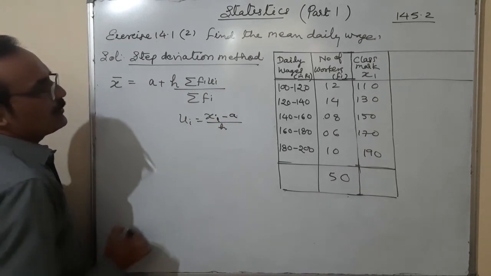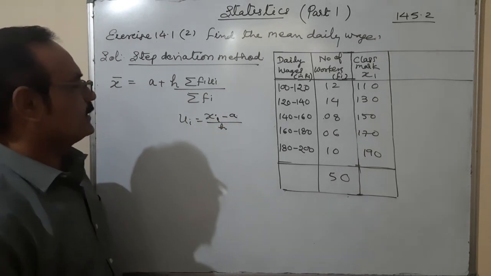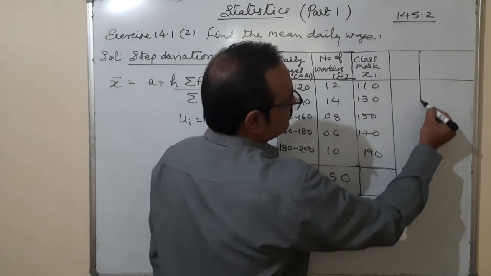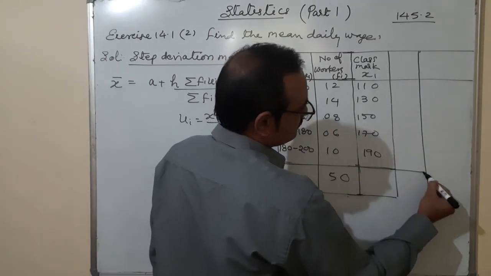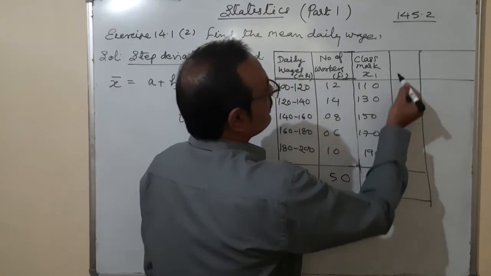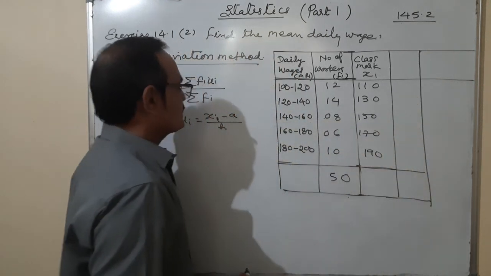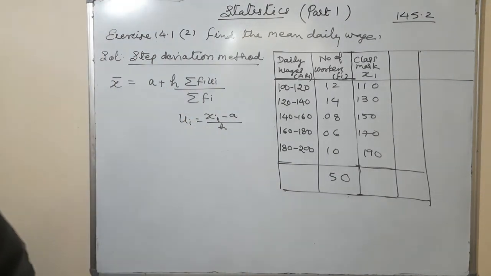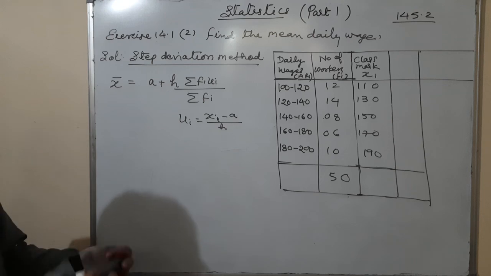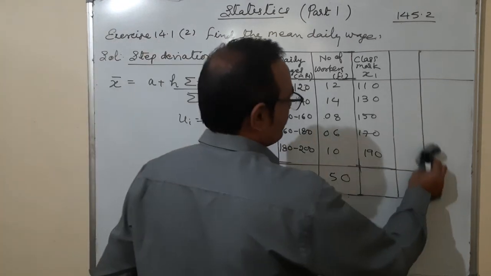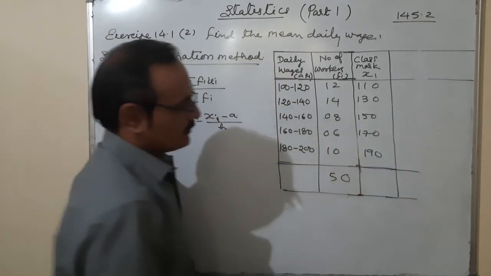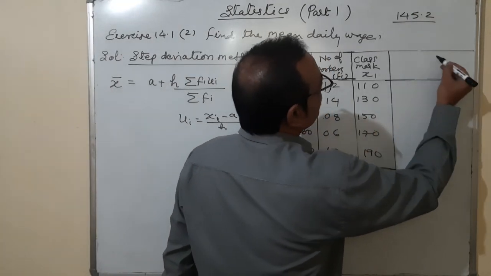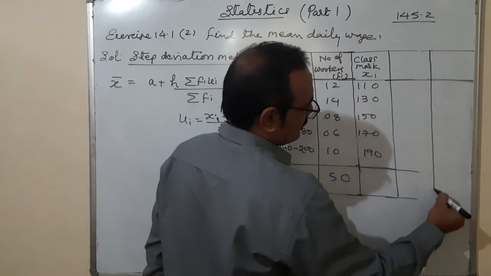That means assumed mean is also required, h is required, right? Here I am using the formula xi minus a upon h.